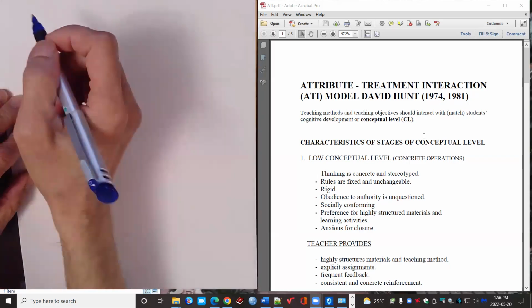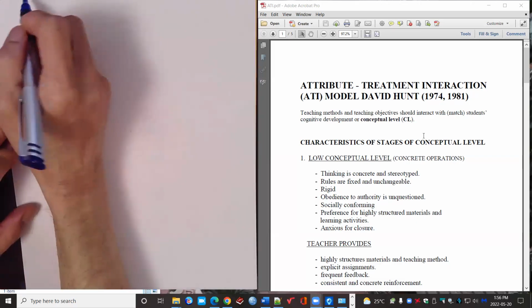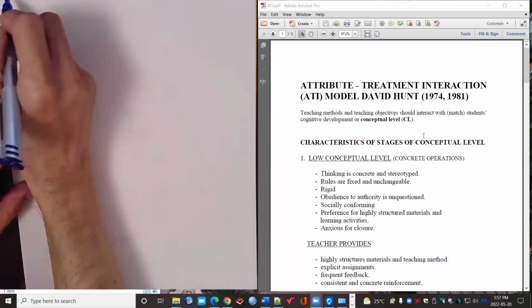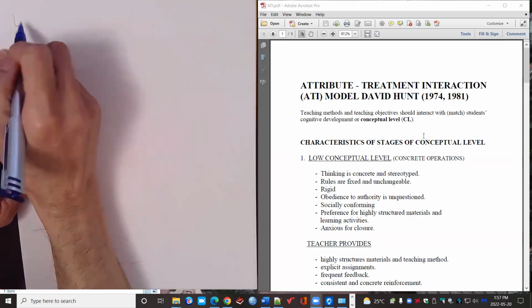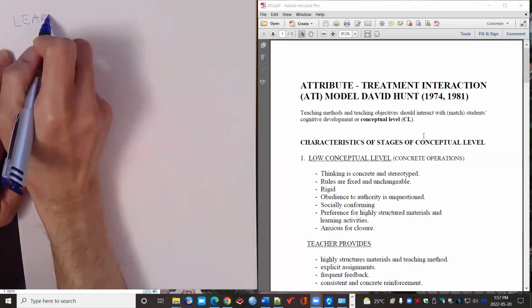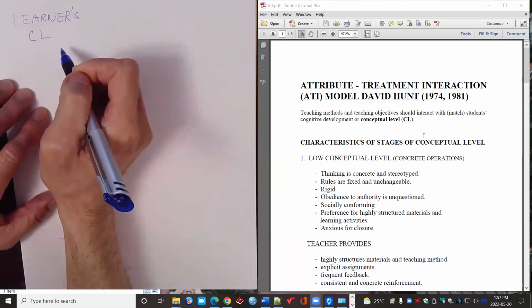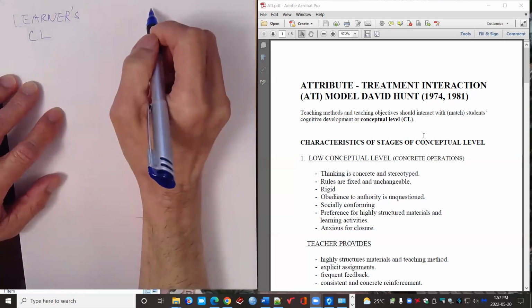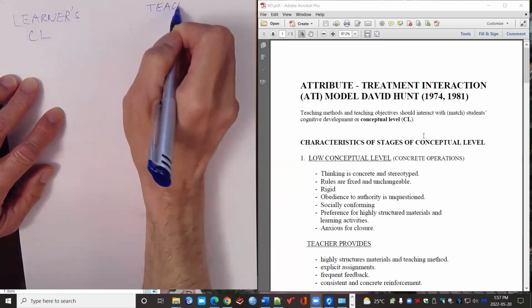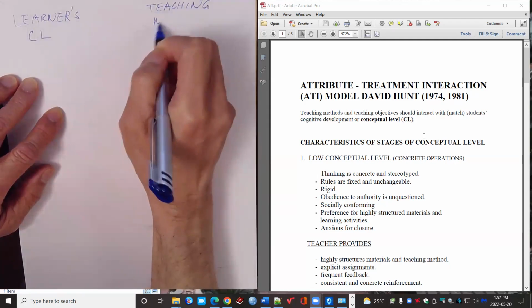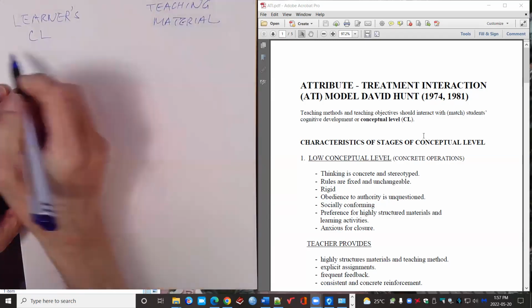Remember, William James: start where the learner is. Let's say this is the learner's level. This is the teaching material, right?